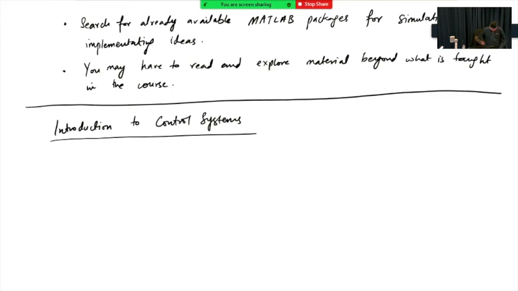The main idea of control is that you have an underlying system that you need to exert some control on.